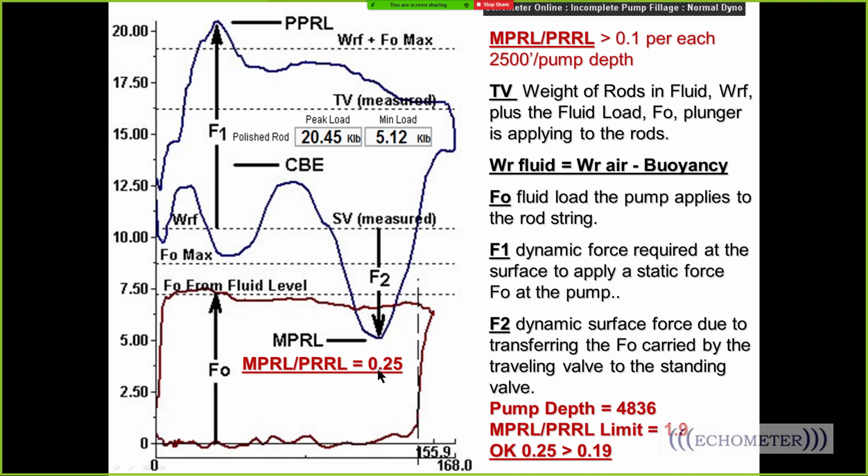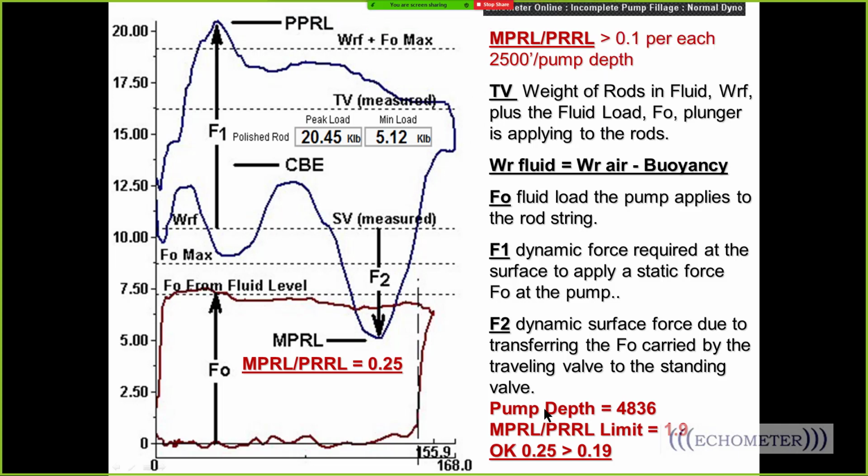The old one I used to have was that it shouldn't be less than 0.25. The actual rule came out of a data study of 6,000 wells and a paper that we reference on the front of the presentation, and it's in the package that you can download. For every 2,500 foot of depth, the minimum load divided by the peak polish rod load shouldn't be less than 0.1 per 2,500 foot.